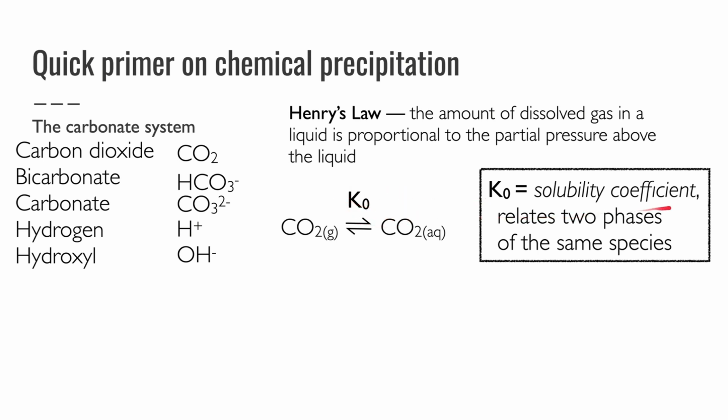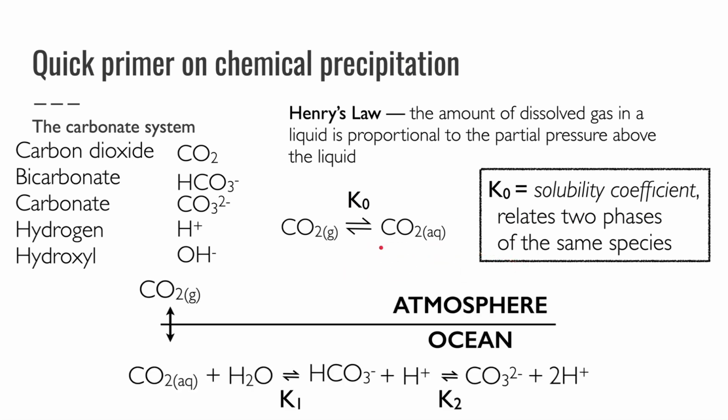This is the solubility coefficient, which relates two phases of the same species. So we can draw this out. When CO2 of the atmosphere is in equilibrium with dissolved aqueous CO2, this arrow shows that equilibrium, the K naught solubility coefficient between the two phases of CO2.